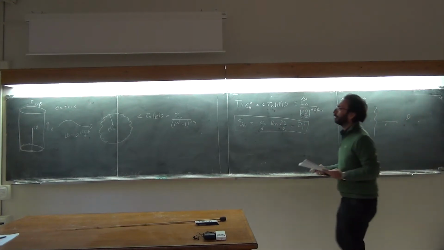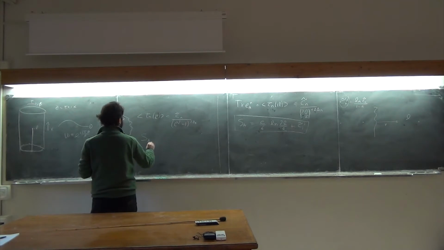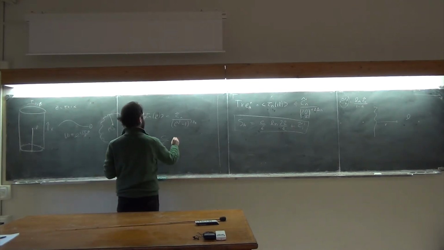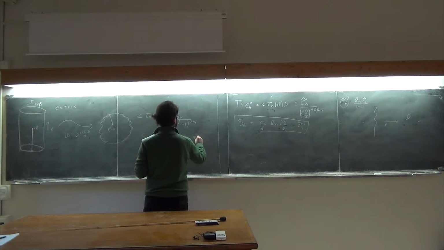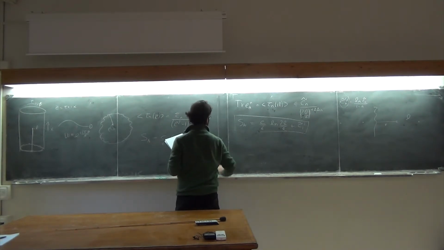If you make the calculation correctly, to save some time, you arrive in the end at the result for the entanglement entropy, that is c over 6 log beta divided by pi a sinh of 2 pi L over beta, plus c1 tilde prime.